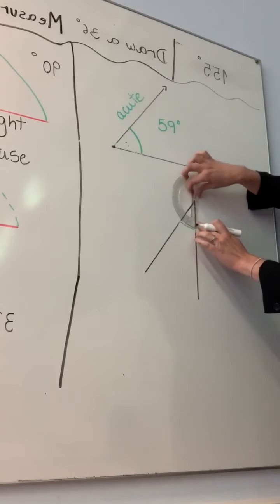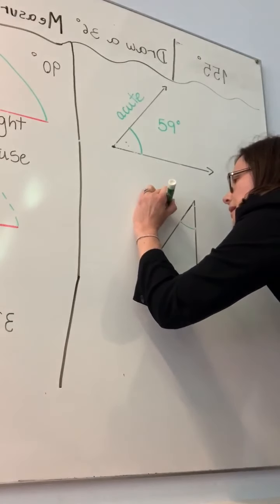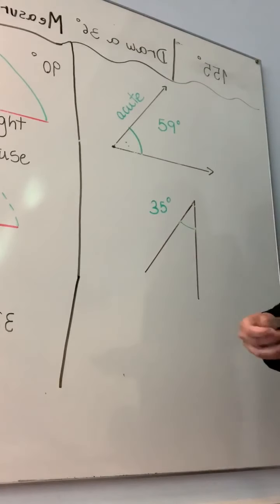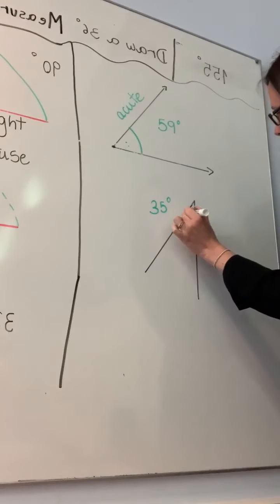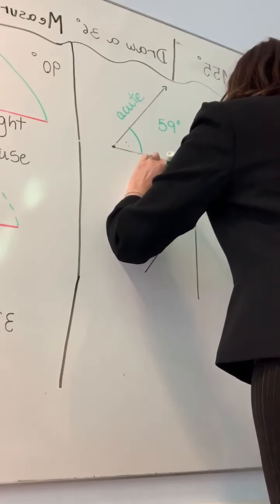And this is 35 degrees, which again is less than 90, so this also makes this angle an acute angle.